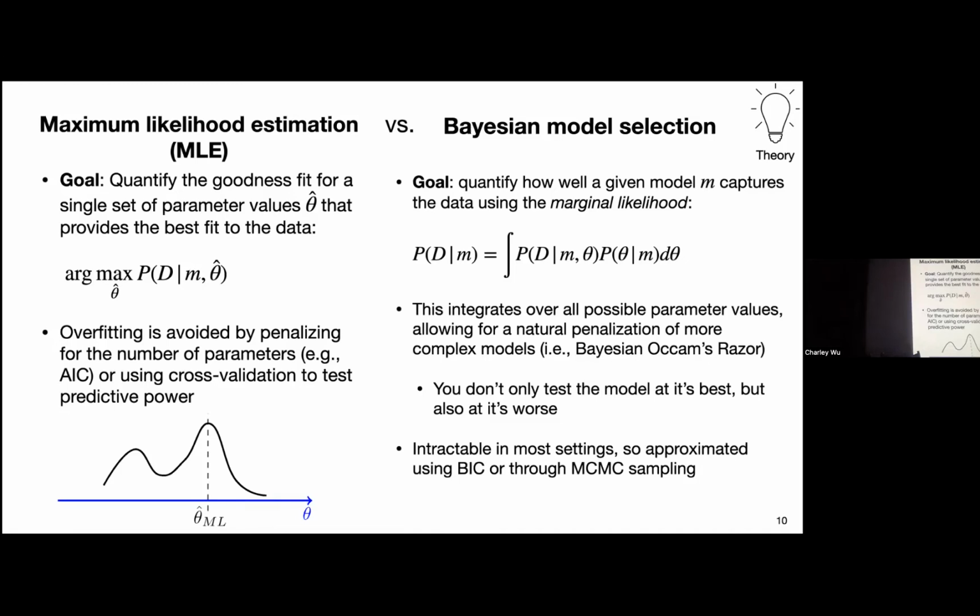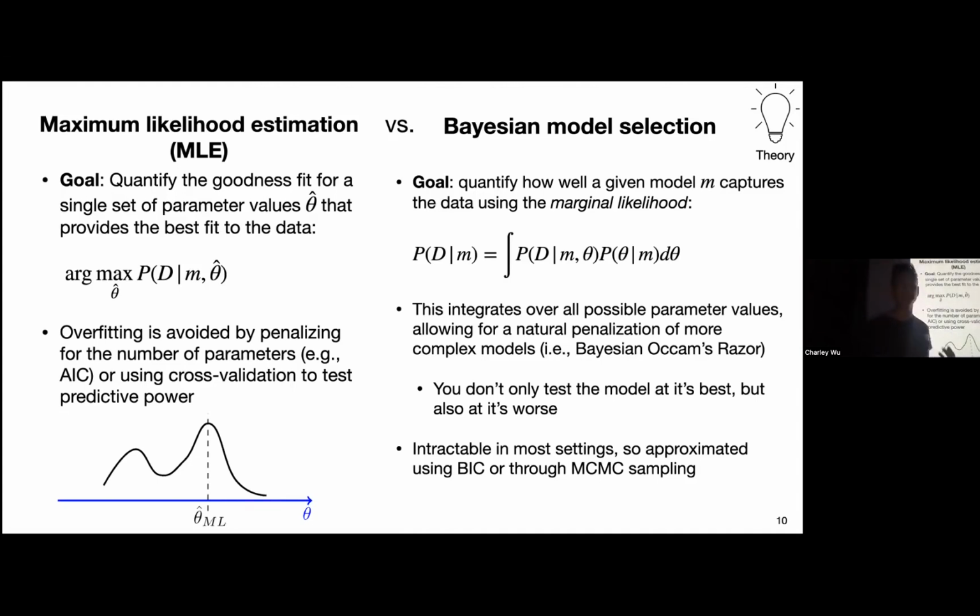So we've removed the parameters from the conditional here, and this requires computing this integral across all possible parameter values of the model. And then we're computing the likelihood of the model at all possible parameter values. Now, this integration is very computationally costly, which is why most approaches only approximate this value using BIC based on some assumptions, or MCMC sampling.